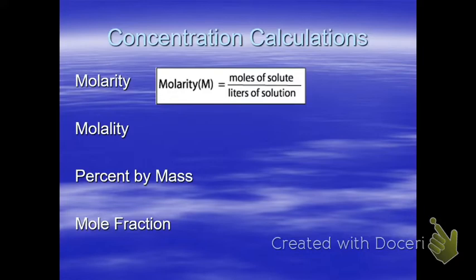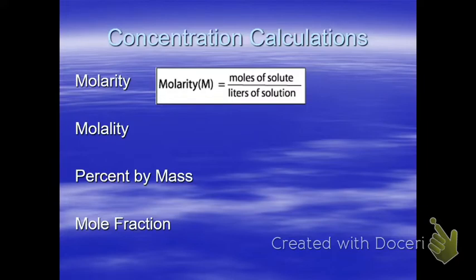Let's review some vocabulary. Solute is the substance that is being dissolved. Solvent is the substance you're putting the solute in. So if I'm dissolving sugar in water, sugar is my solute, water is my solvent. When you put the whole thing together, we call it the solution.